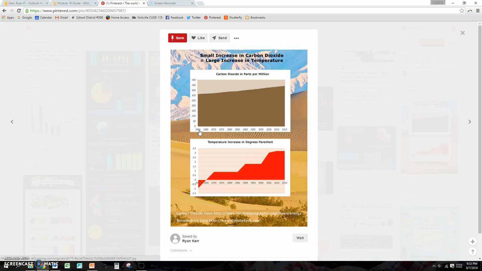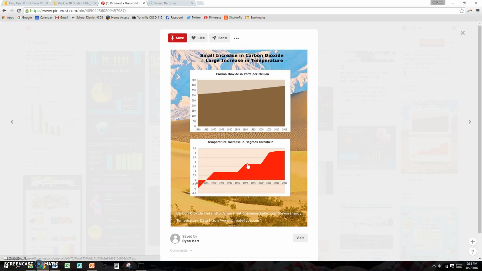He has one graph showing that from 1960 to 2013, the carbon dioxide in parts per million didn't grow that much, just a little bit of additional carbon dioxide in the atmosphere. But as this other graph shows, from 1960 to 2013, we went from about a -degree change in temperature, so things got slightly colder, to now, in this year, we're getting a 3% increase in degrees Fahrenheit.